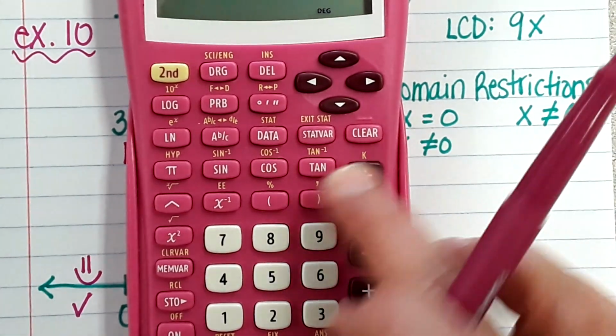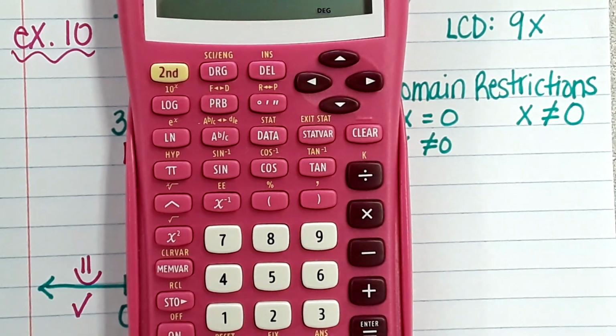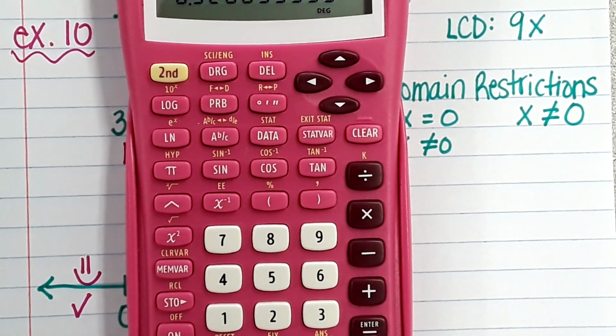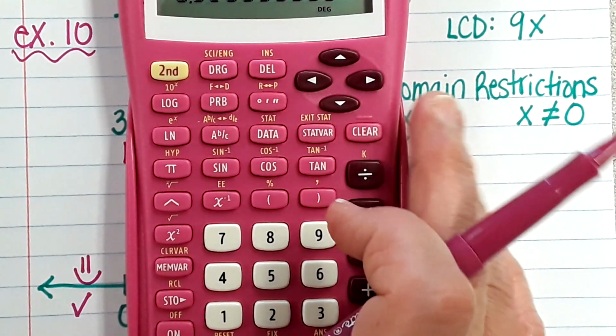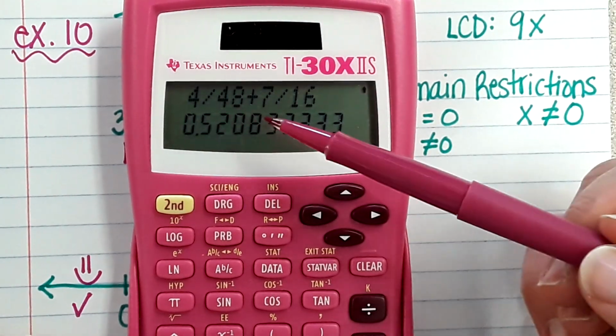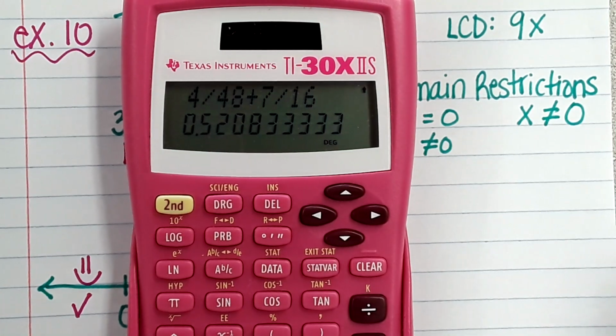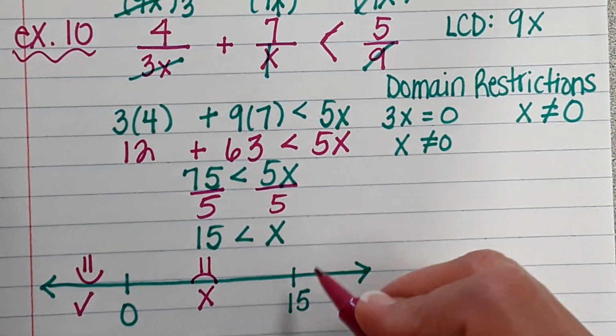The reason we're using 16 is because someone picked it and we're putting it in for x. Is 0.5208333333 less than 0.55555555555? It is.